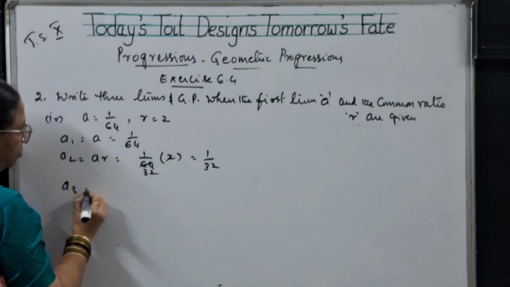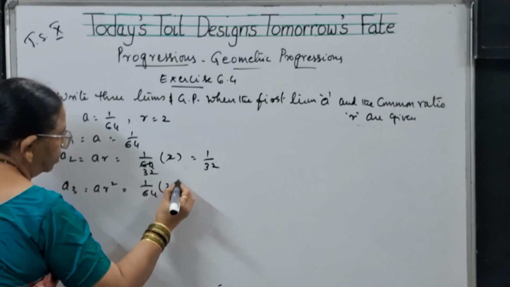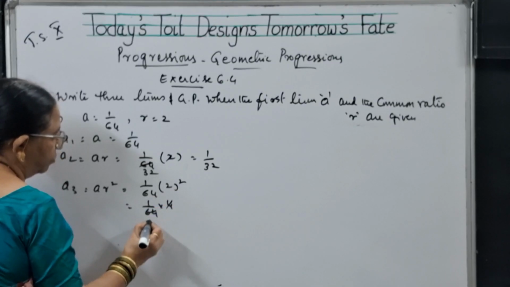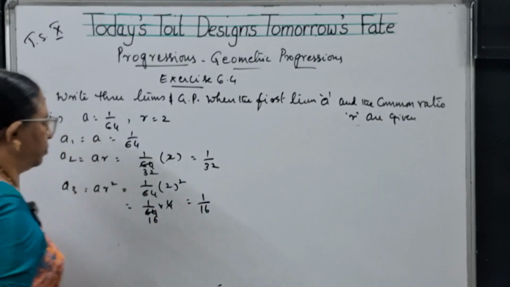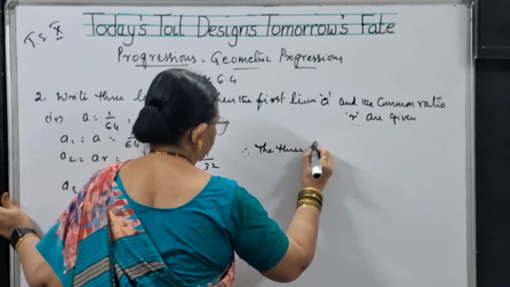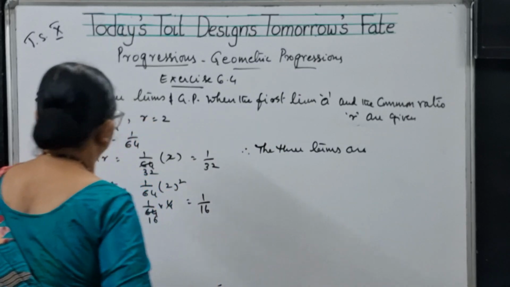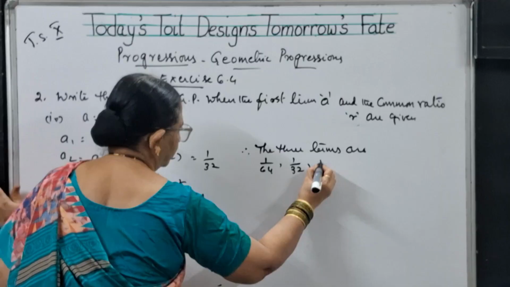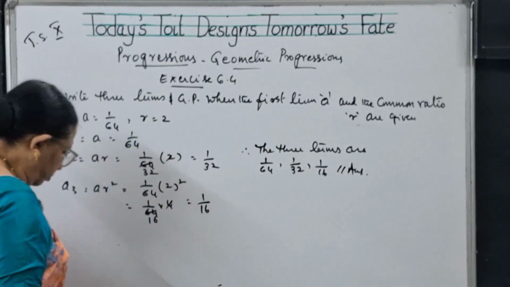And third term is A into R square, 1 by 64 into 2 square, 1 by 64 into 4. 4 ones are 4, 4 sixes are 24, so 1 by 16. Therefore, the three terms are first one is 1 by 64 and 1 by 32, 1 by 16. This is the answer of the fourth bit, children.